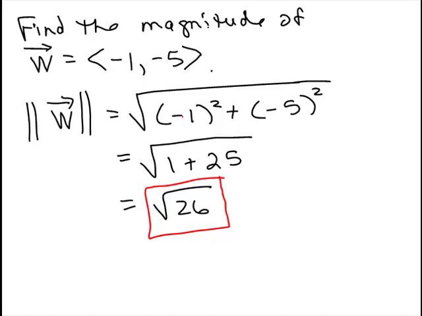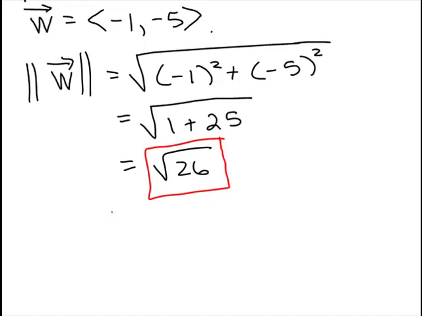Now, did I have to put negative 1 in here and negative 5? Not really, because you know it's going to be positive. If you want to put in 1 squared plus 5 squared, you will get the same answer. So in other words, if you want to think about just the Pythagorean theorem, you don't really deal with those negatives, right? So if I look at this vector, negative 1, negative 5, it's right here, right?